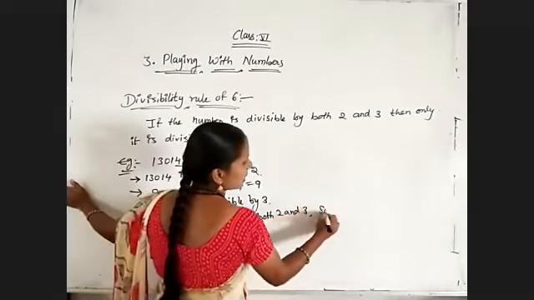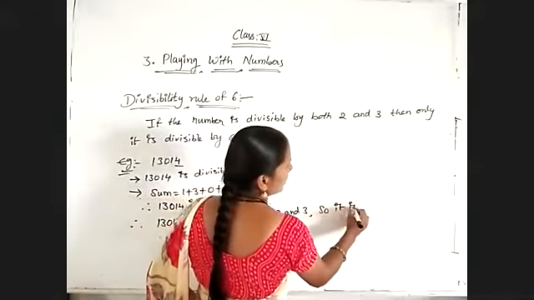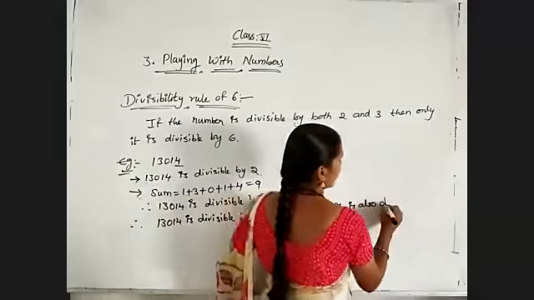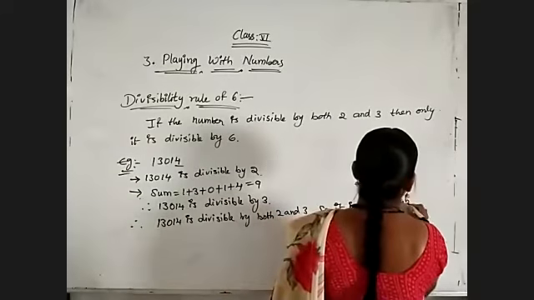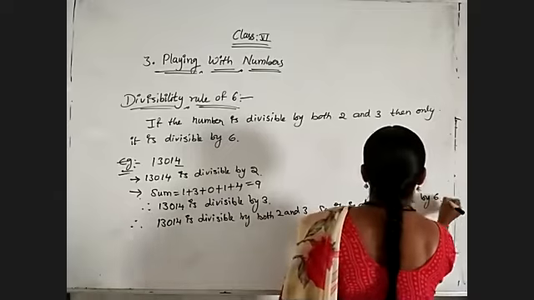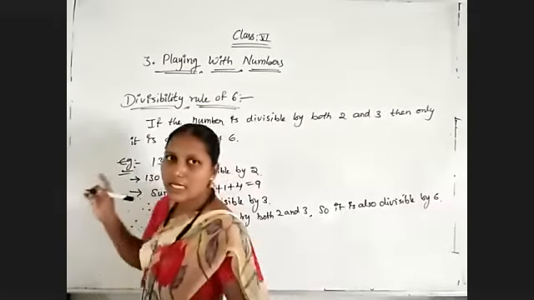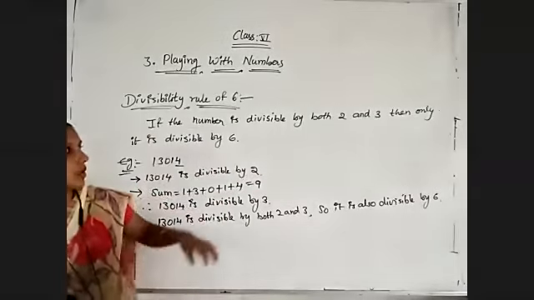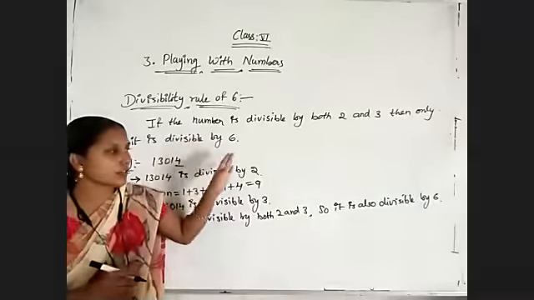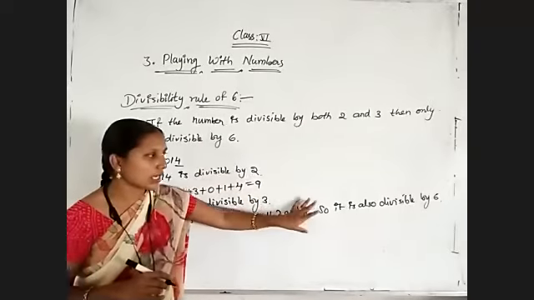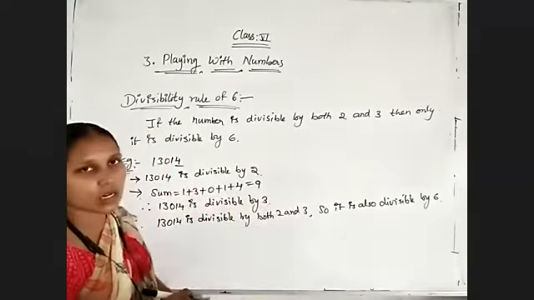So, it is also divisible by 6. Whenever we are checking for 6, compulsorily we need to check whether it is divisible by 2 and 3. If it is divisible by both of the numbers, then only it is divisible by 6. Otherwise, it is not divisible by 6.